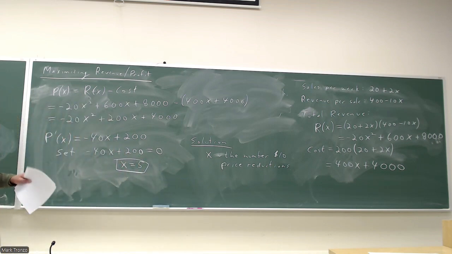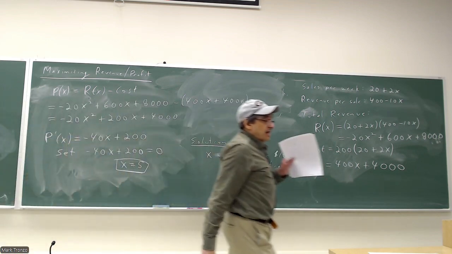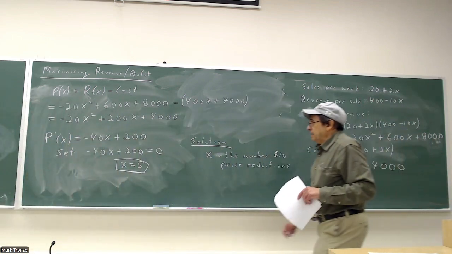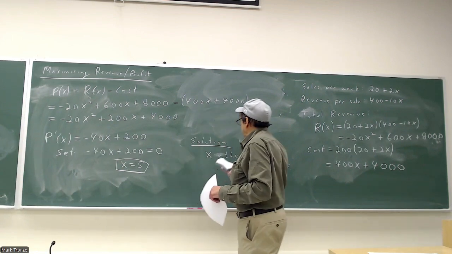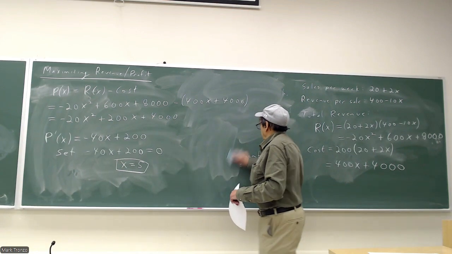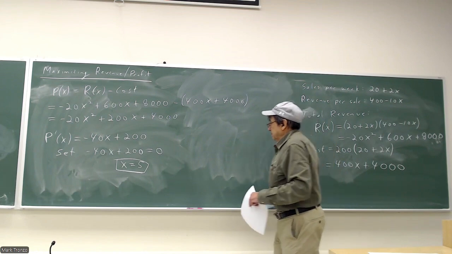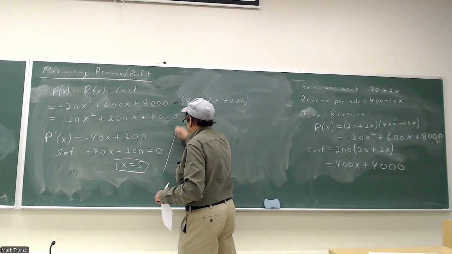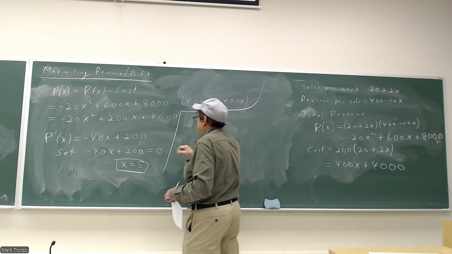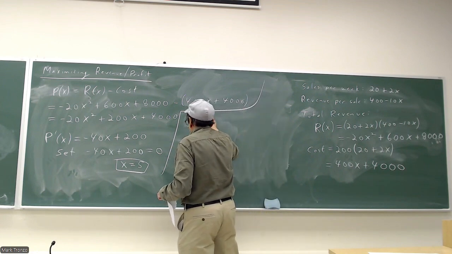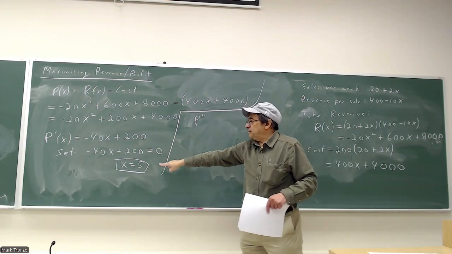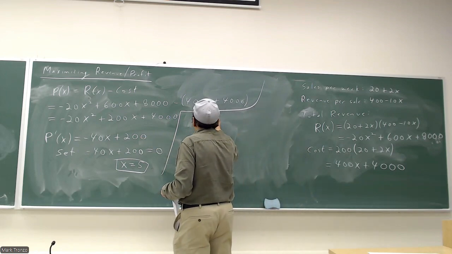Now, we didn't do this on the last problem. We should check to see if that's a maximum or a minimum. Remember, we do that by taking the second derivative. Let me squeeze it in over here. So the second derivative, and we would normally take the second derivative and substitute this.